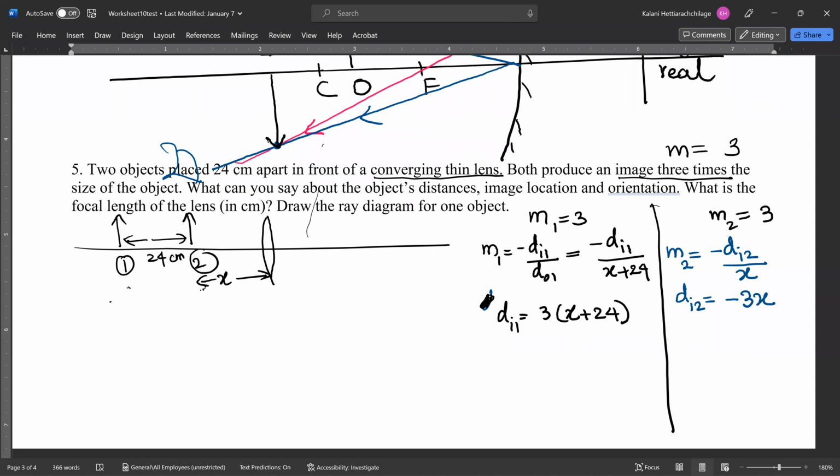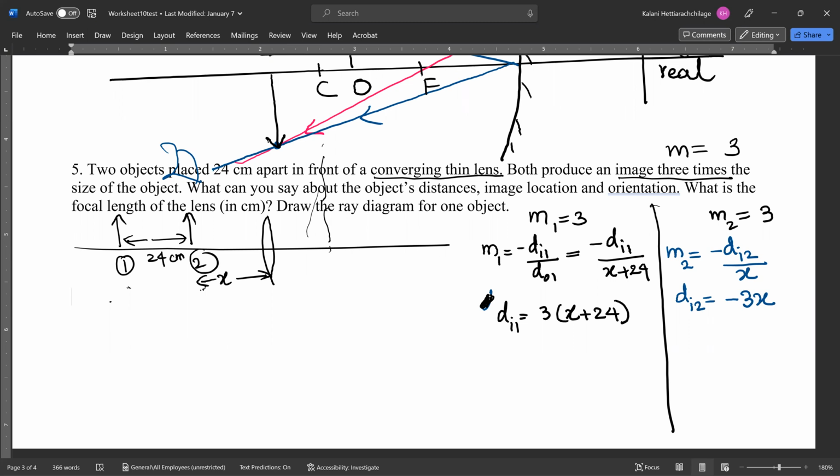So whichever is further away from the object may create the real image, because the lights are real in that case. So the only possibility is that object 2 creates a virtual image on this side, and object 1 sitting in one place will create the real image.